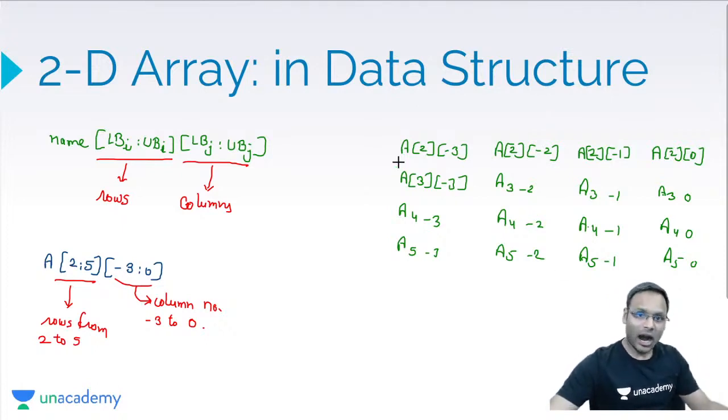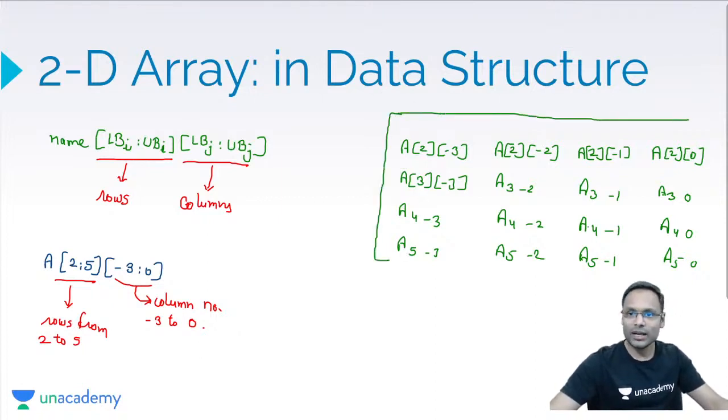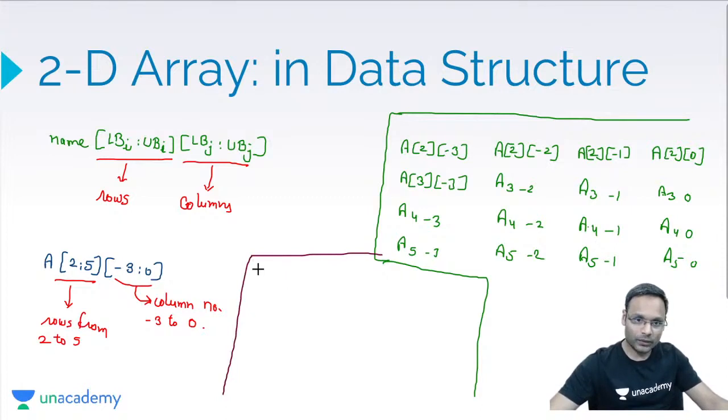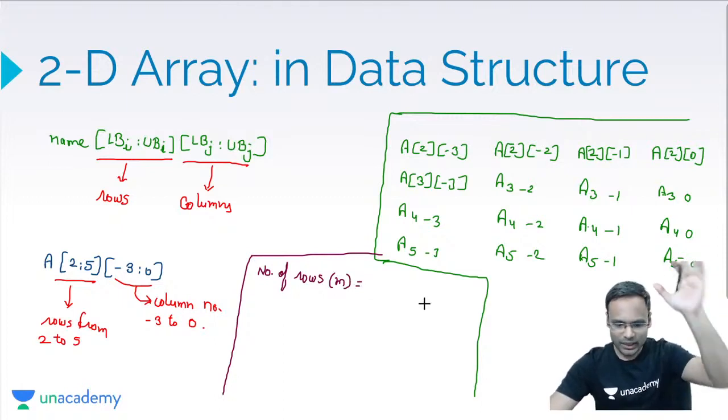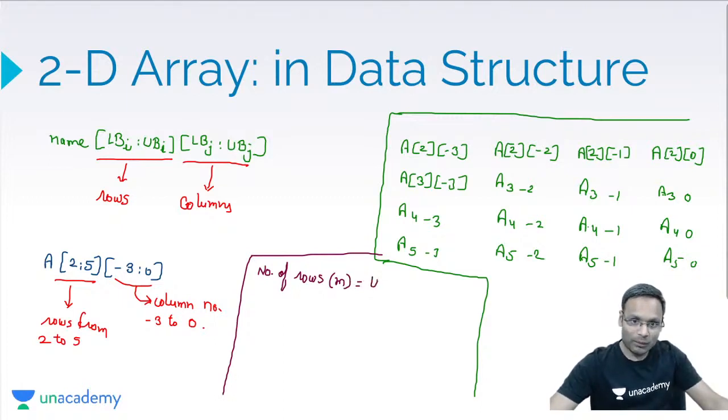It is a 2D array. How do you get the total number of rows, total number of columns, and total number of elements in the array? It is quite easy. Number of rows I will denote by m. m is equal to upper bound of rows minus lower bound of rows plus 1: 5 minus 2, 3, plus 1, 4.